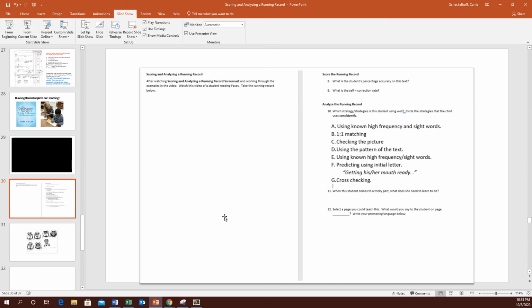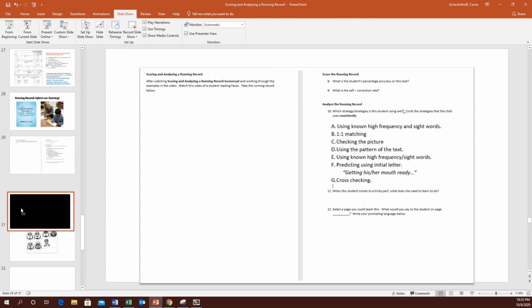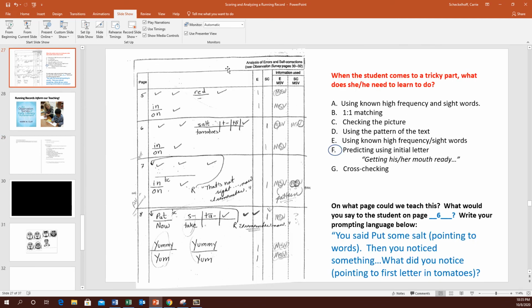Once you have the weekly prep printed off, you can restart this video and just take the running record right here on this blank piece of paper. And then you're going to make your own columns for M, S, and V, so that you can have little columns that look like this. Errors, self-corrections, MSV for errors and MSV for self-corrections.